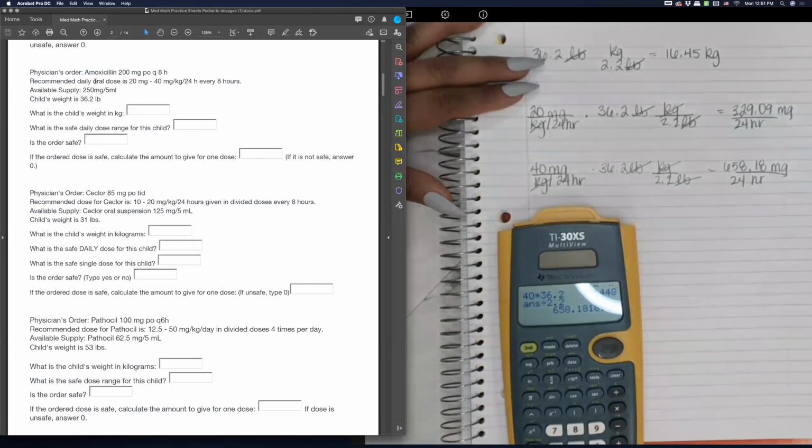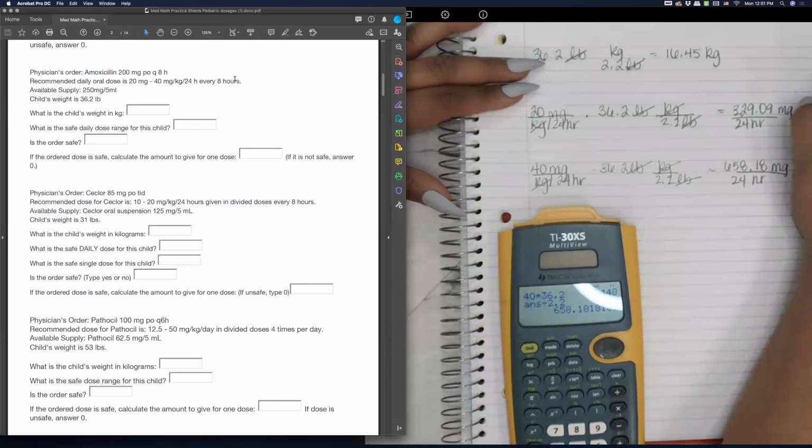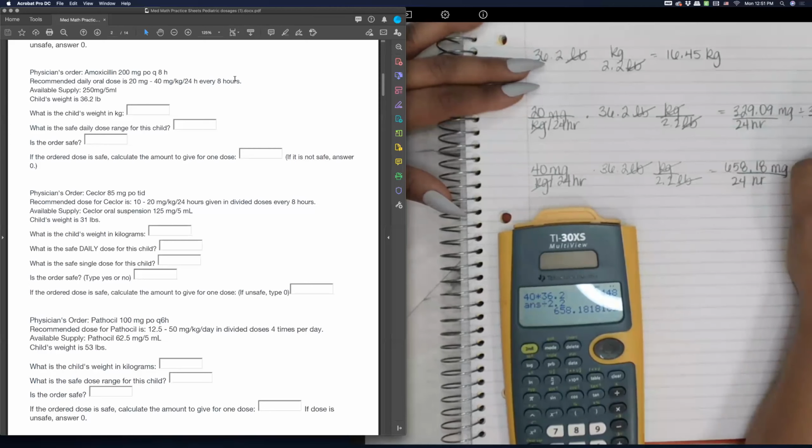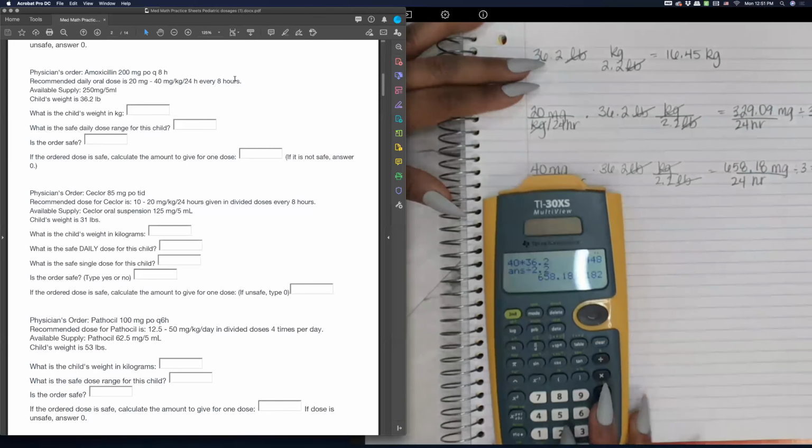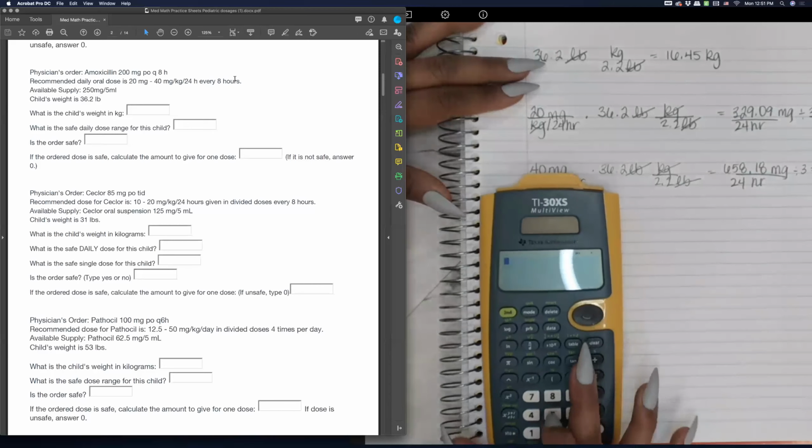Okay, the recommended daily oral dose is 20 to 40 milligrams per kilogram every 24 hours, administered every 8 hours. So in a 24-hour period, if the order is Q8H, we would administer 3 doses to our patient. So we're going to take each of these values and divide them by 3.